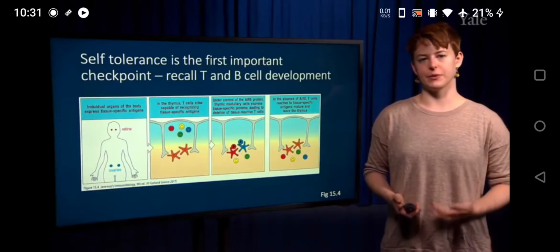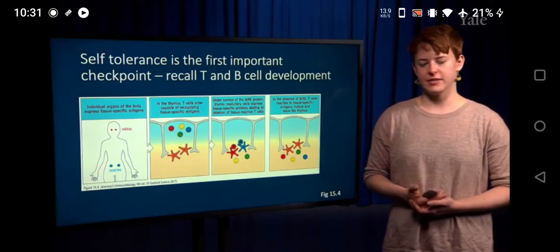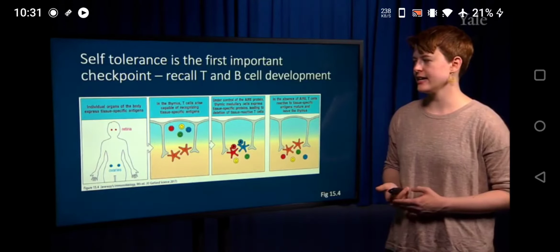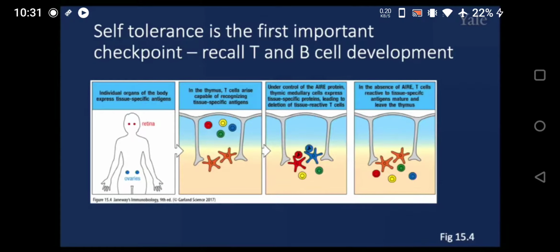So again, think back to T and B cell development, and especially in this example, think about the thymus. This is where T cells develop, and we talked a lot earlier about mechanisms by which T cells that recognize self-proteins are eliminated, thereby reducing the risk of autoimmunity.